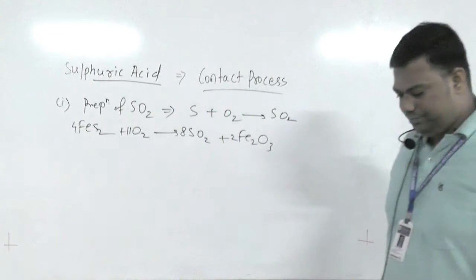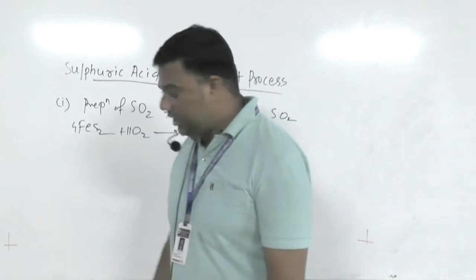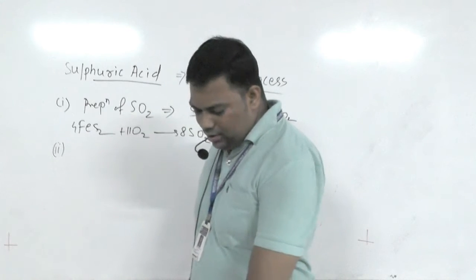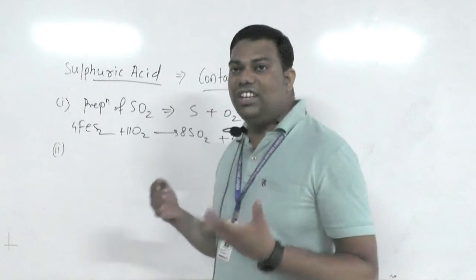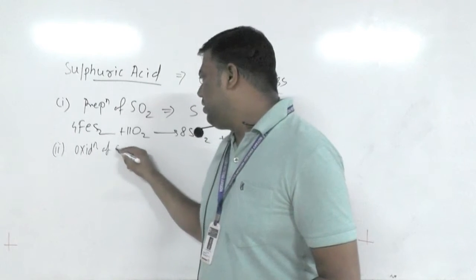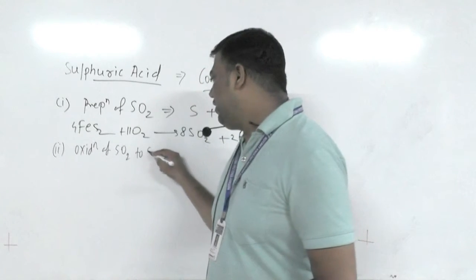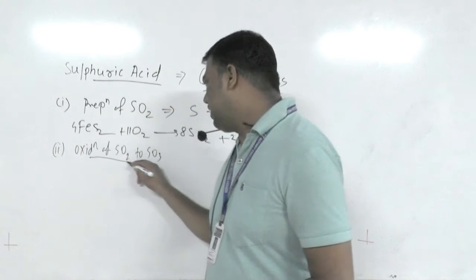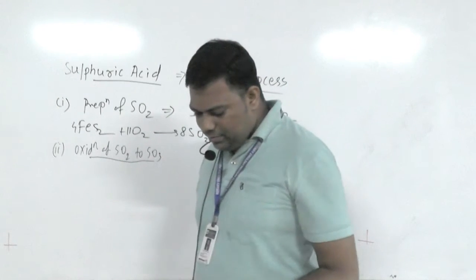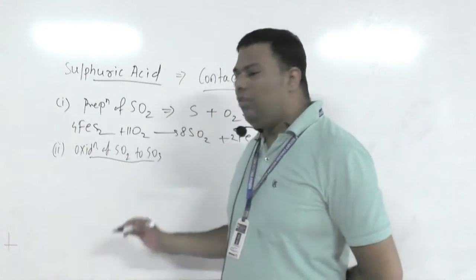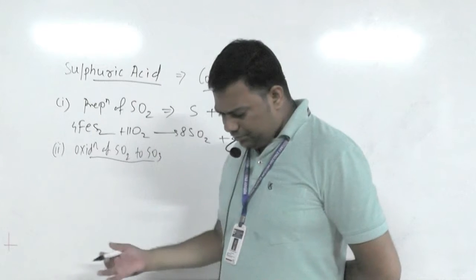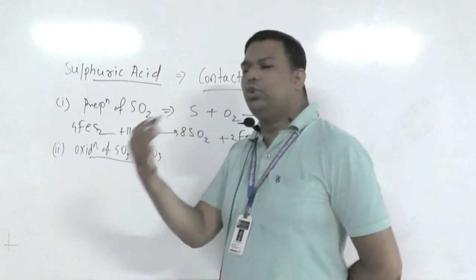Now see here, the second step. In the second step, you have to oxidize, that is, oxidation of sulfur dioxide to sulfur trioxide. It is very much important. For this we need an oxidizing agent, that is V2O5.